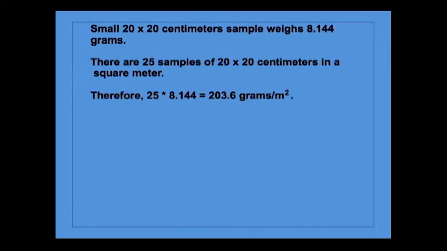If a 20 by 20 centimeter square is cut, then there are 25 squares of this size in a square meter. If the specimen weighs 8.144 grams, then the grams per square meter is 8.144 times 25, which equals 203.6 grams per square meter.